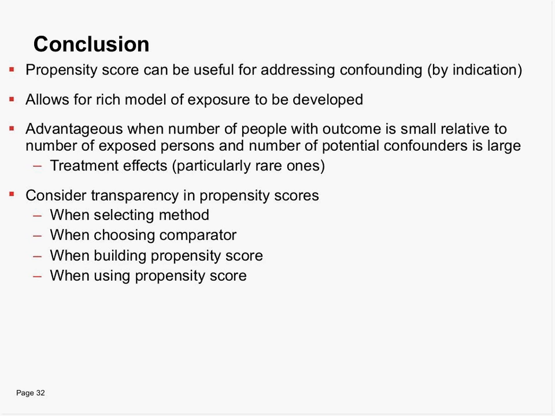That may not be what your question is. If your question is about the receipt of treatment, you want to be careful about how you restrict your comparison group. Be transparent in building the propensity score, and transparent in using the propensity score.